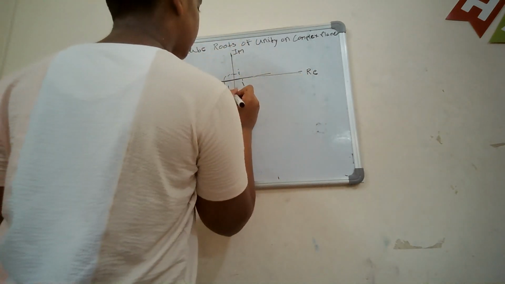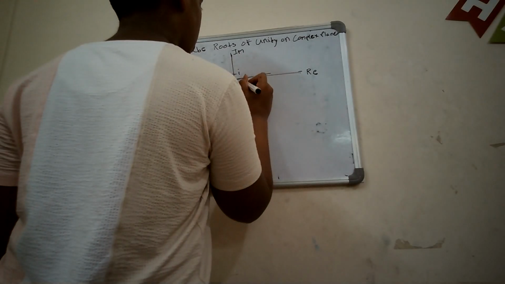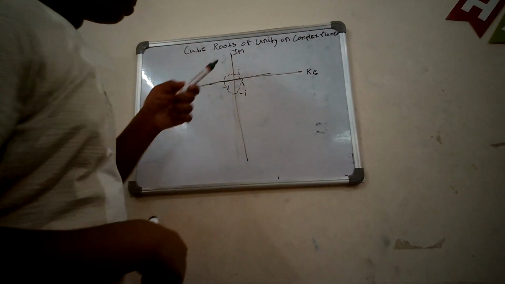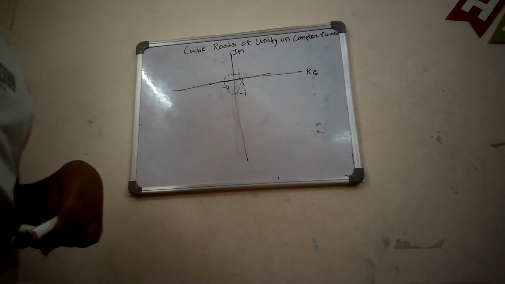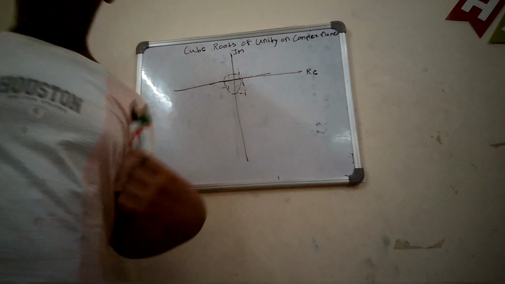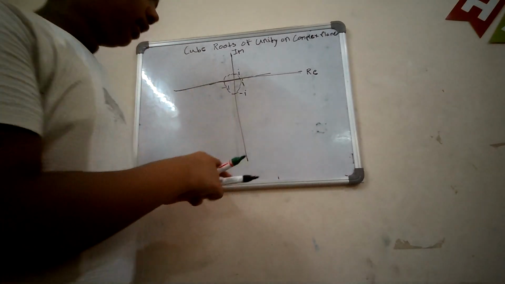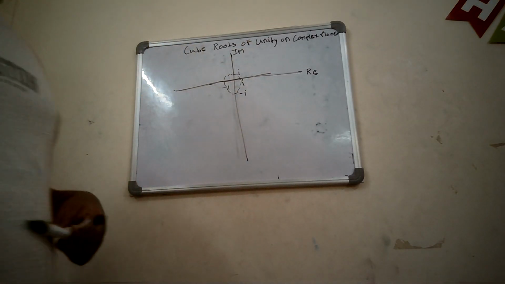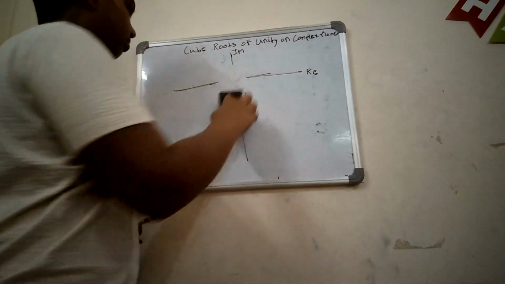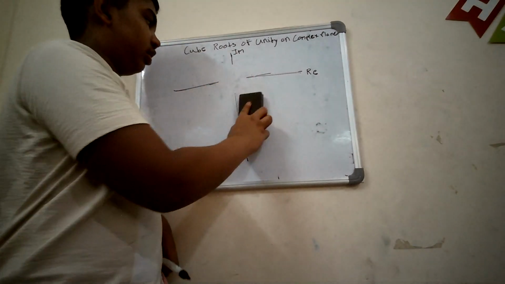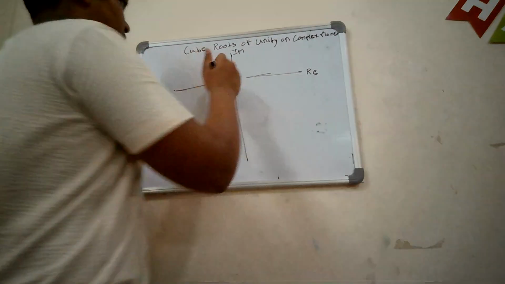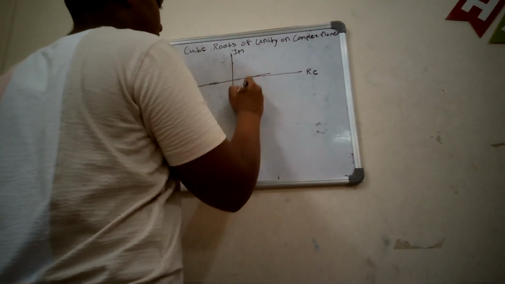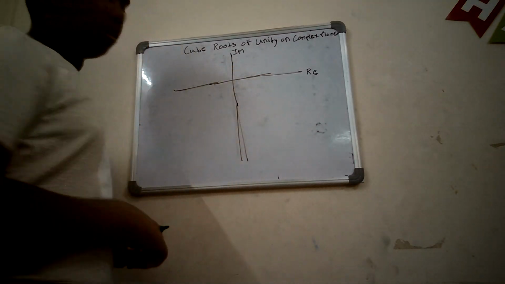Basically, this is the unit circle. I explained in the last video what the unit circle is. Basically, in the unit circle, the modulus of all the numbers there is 1. That's why it's so special. It's a unit.